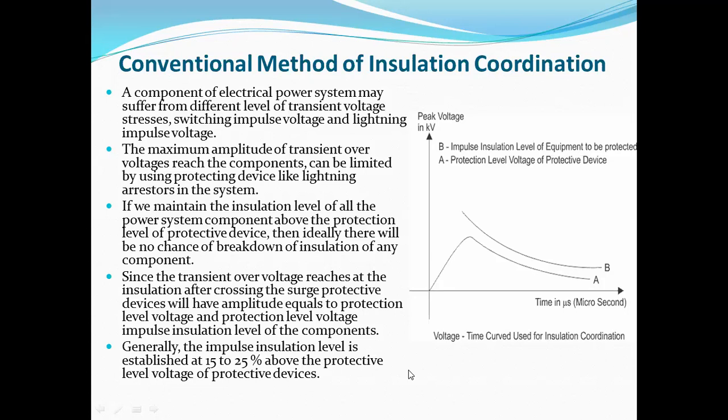So we are using insulation of such a value that if the voltage increases more than the rated value, it withstands up to 15% to 25% of the given protective level of the device.